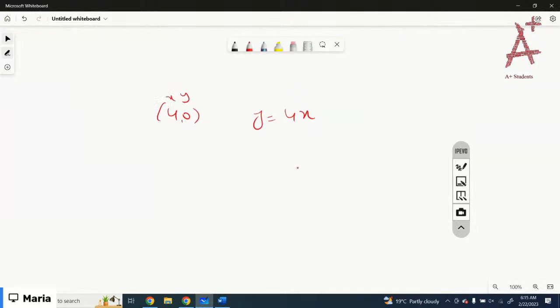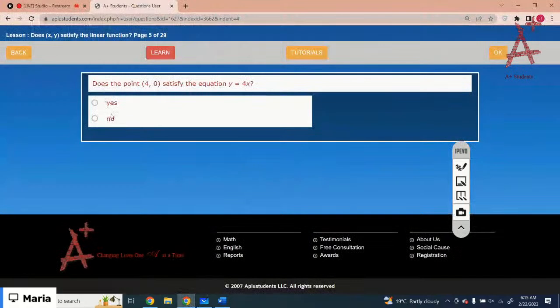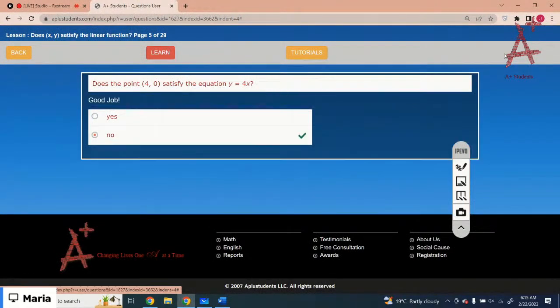So this is x and this is y. 0 equals 4 times 4. 4 times 4 is 16. Are they equal? No. Got it? So the correct option is no.